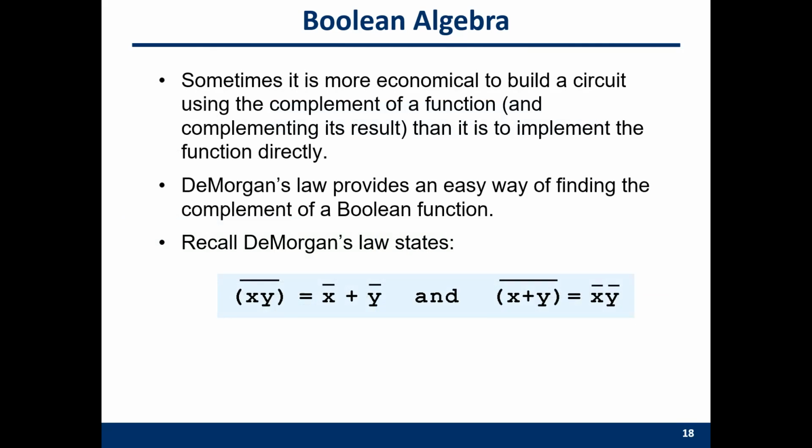For example, if we want to implement this one, we need one NOT gate, the other NOT gate, and then an AND gate. So basically, we will use 3 gates. But if we implement this part, you just need an OR gate and then a NOT gate. So only 2 gates.